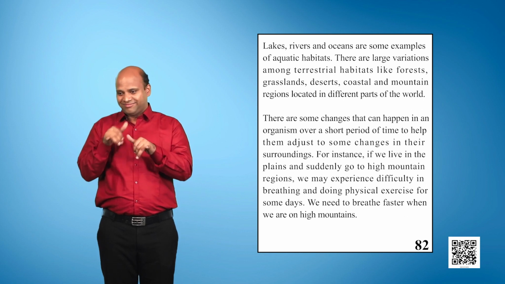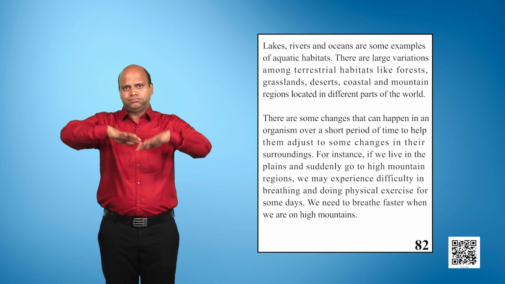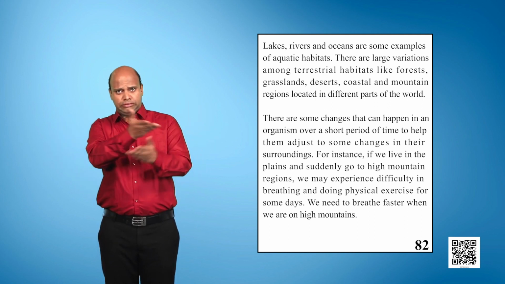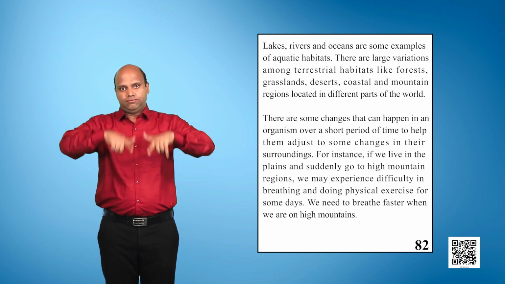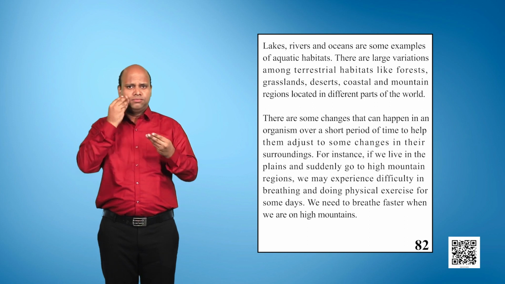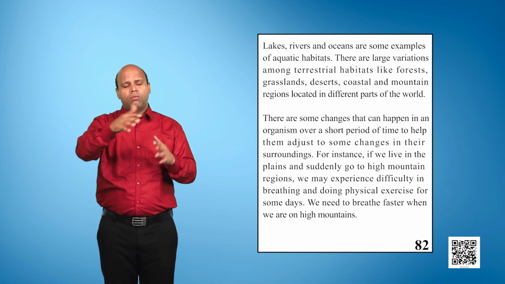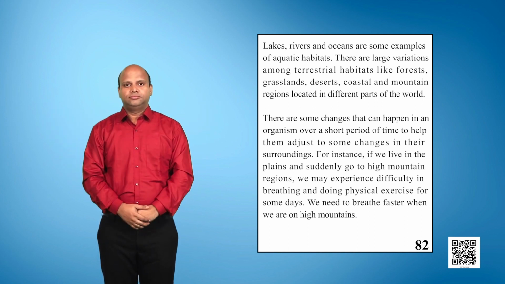Lakes, rivers, and oceans are some examples of aquatic habitats. There are large variations among terrestrial habitats like forests, grasslands, deserts, coastal and mountain regions located in different parts of the world.